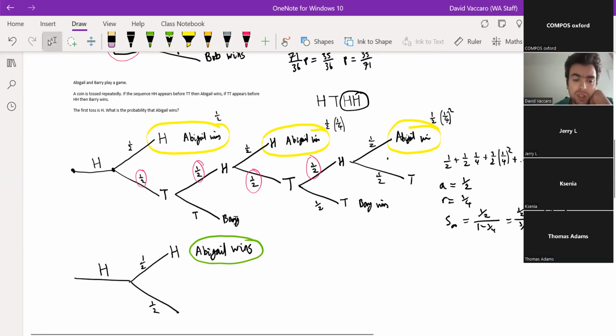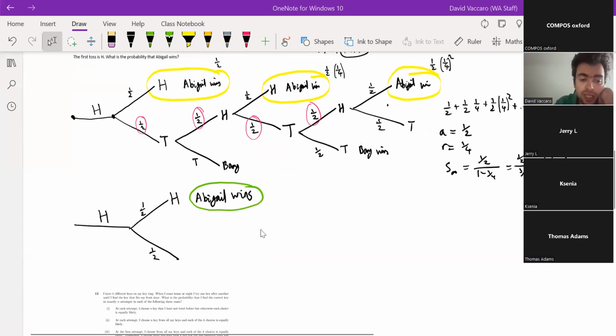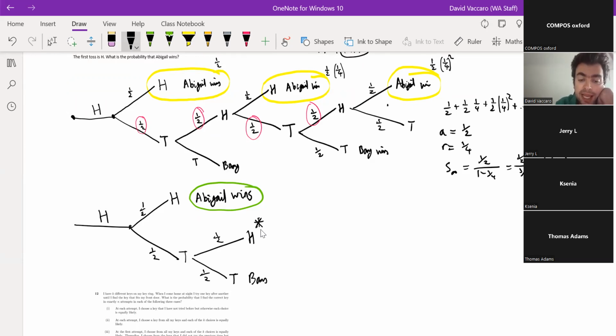At what points could you consider there's two separate points where you could consider the game having regenerated? Okay, I'll do the most obvious one first. So we could say we toss the first coin as either a head or a tail. If it's a second tail, then Barry wins. If it's a head, then you could say that the game has begun again here.